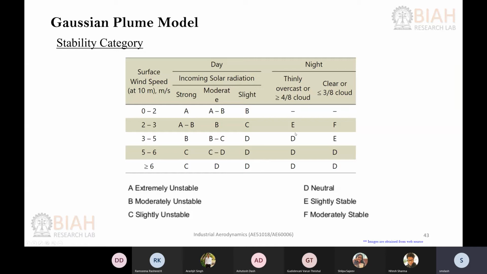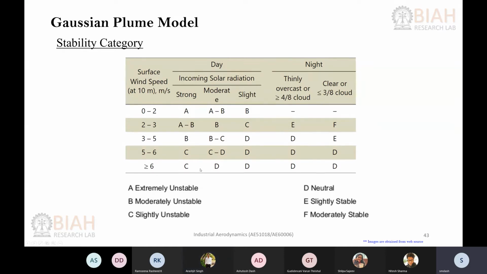But it is sometimes unavoidable because your factory needs to run, or the production may happen at any time of the day. So they might end up in various circumstances, and the plume profile will follow accordingly. But keep in mind, generally try to release the plume during the stable situation like E or F.